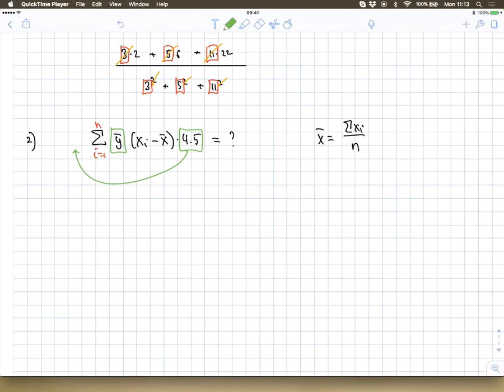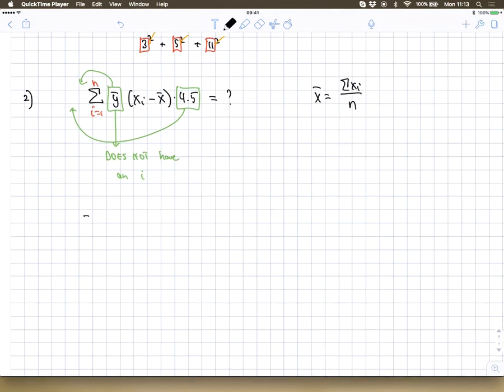So this y bar does not have an i. Note, it's a random variable, it will change. You actually don't know the value of it, but because it's the same for each term, I can pull it out. So I can write this as y bar times 4.5 sum of xi minus x bar.